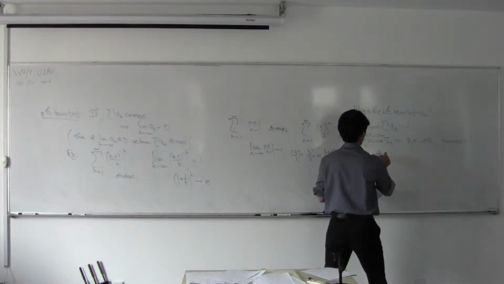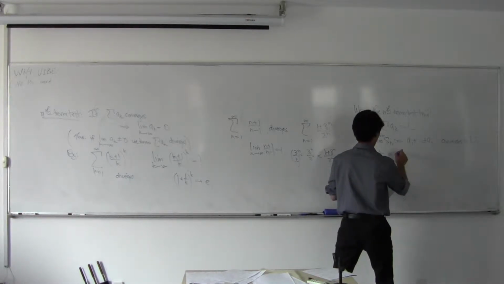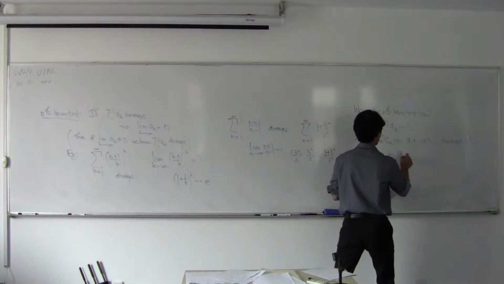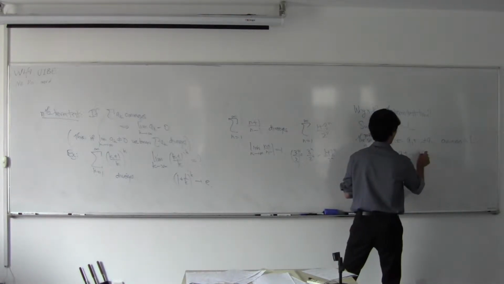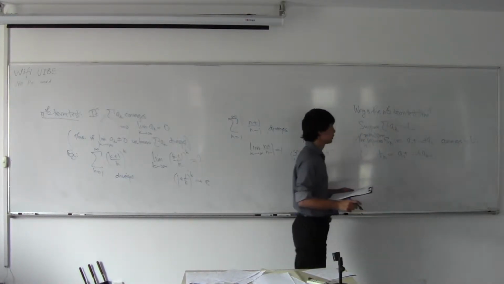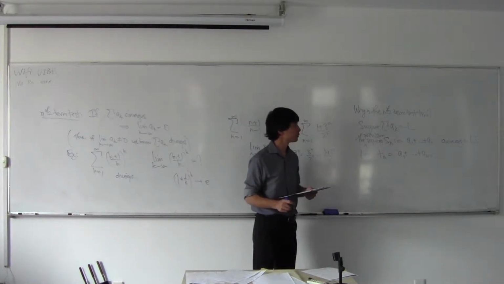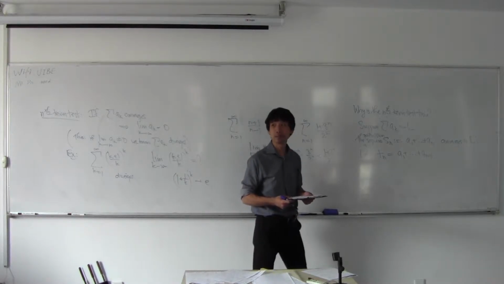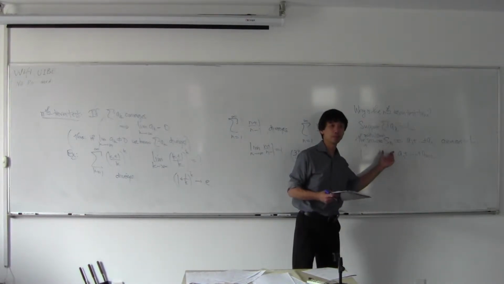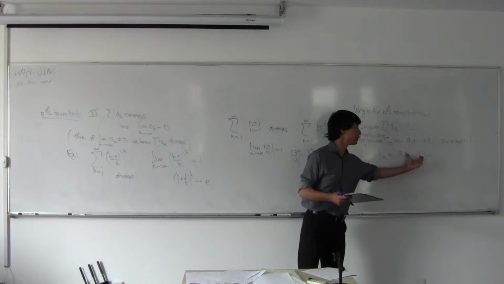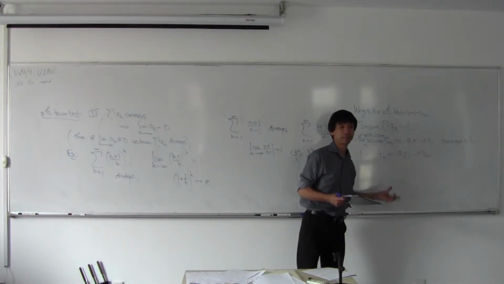Let T sub n be a sub 1 plus through a sub n minus 1. So create another sequence. That's just the sum of the first n minus 1 terms.